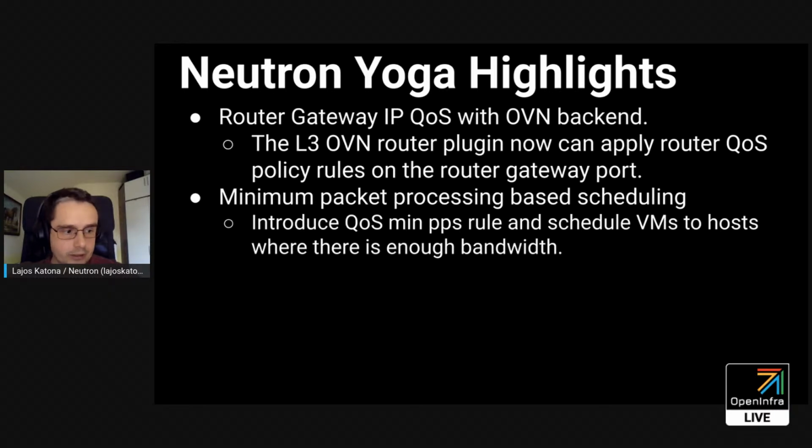We have a list of gaps between OVN and OVS deployments, and this was on the gap list. Now we have removed a few things from this gap list, and you can use OVN for more use cases, and this was one of those features.